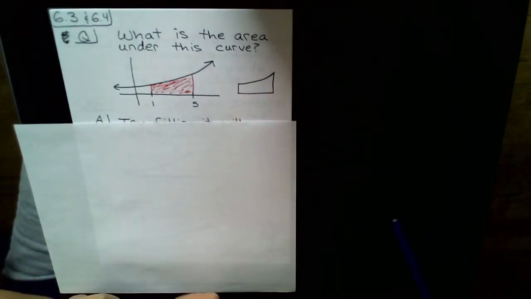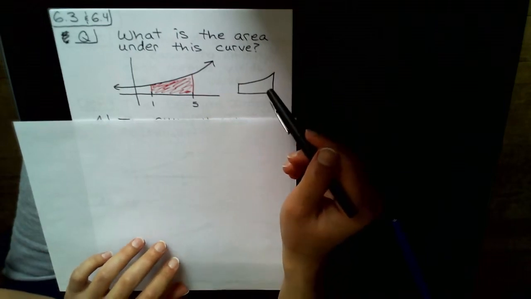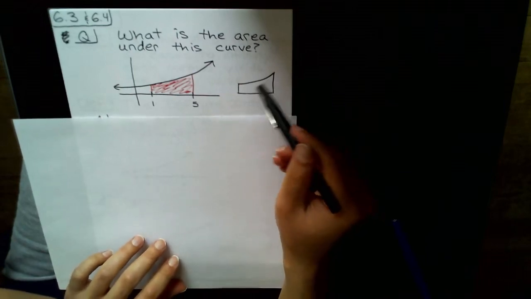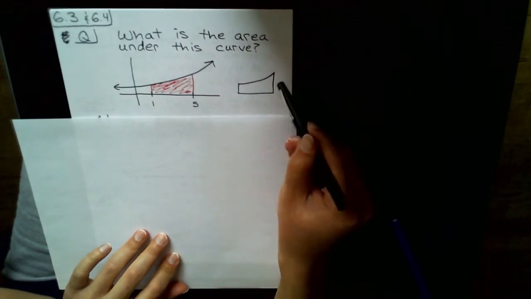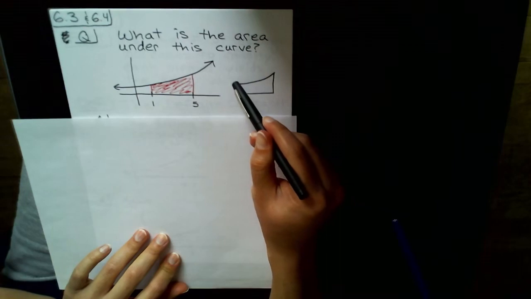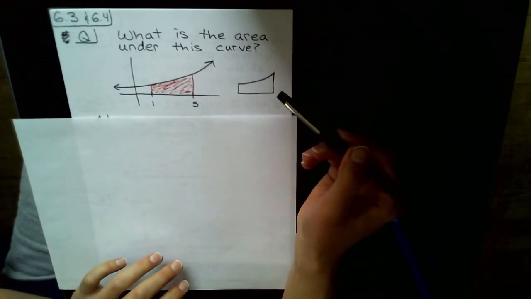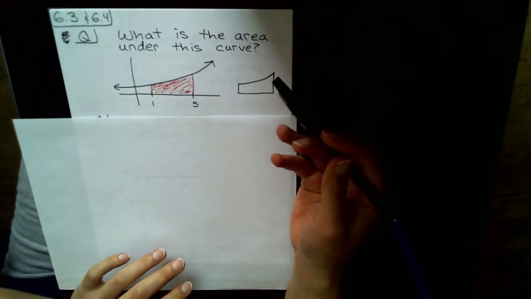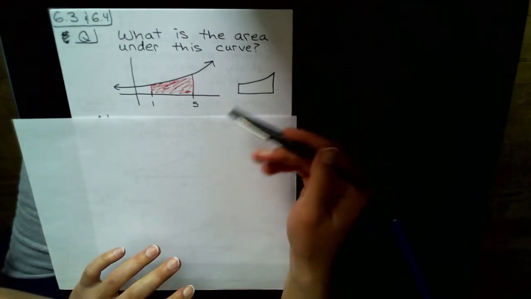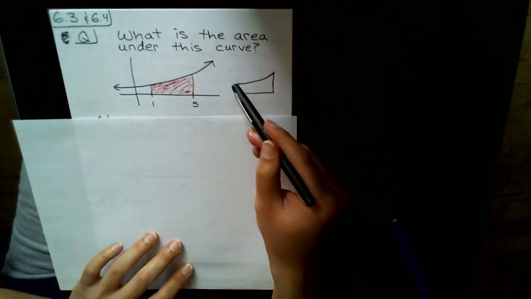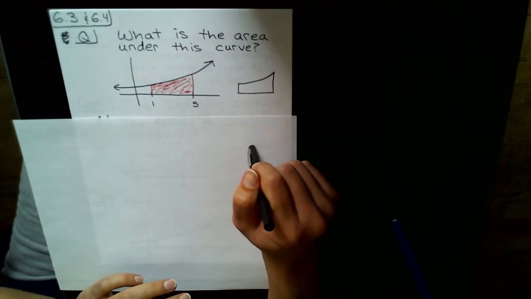Now, if you look at this, it's very difficult to figure out what this exact area is, because although we have 3 straight edges, this fourth edge has a bend to it along the way, and the only type of object that we know how to find the area of, basically, that has a curved edge is a circle, and we don't know if this is the edge of a circle, so that's not very useful to us.